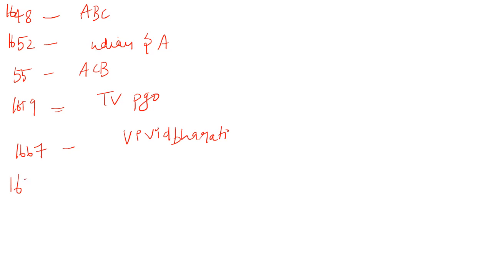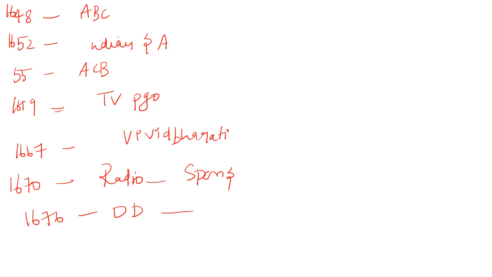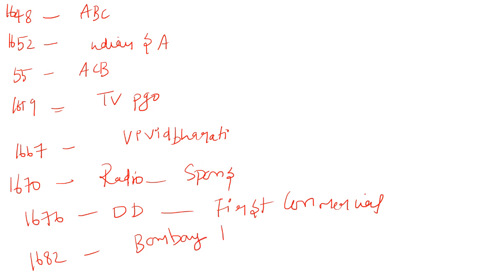And 1970, sponsored programs on radio were introduced. Then 1976, Doordarshan was separated from All India Radio, and the first TV commercial was seen in 1976. Then 1982, Bombay Dyeing, the first color TV ad.